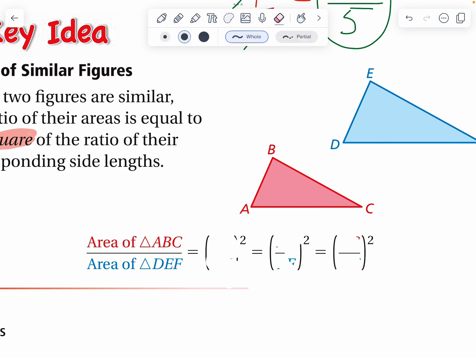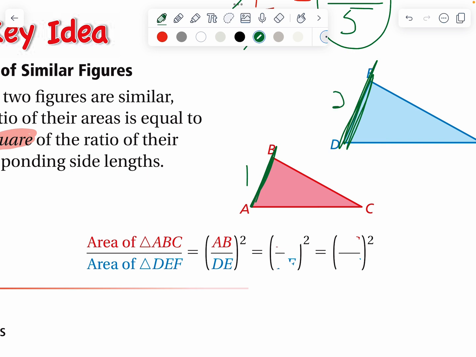All right, so I want you to look right here. You've got AB, okay, and on the other one, so that's AB right here. And on the other one, you got DE, so that is right here. Well, it's the ratio of AB over DE, but then squared. So whatever the ratio is, let's say that this was 1, and let's say that this was 2.